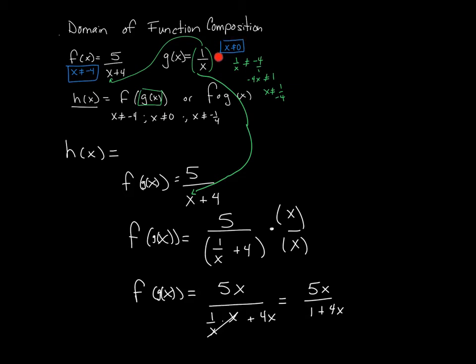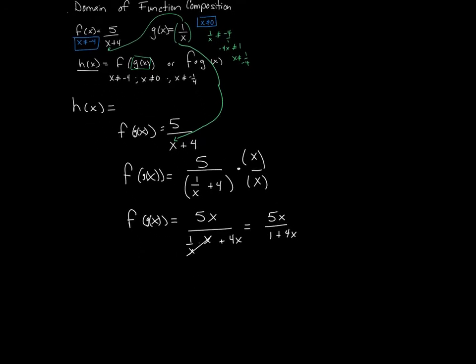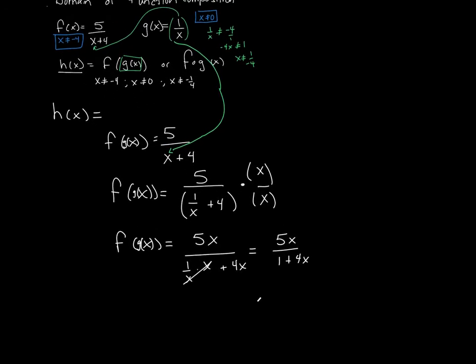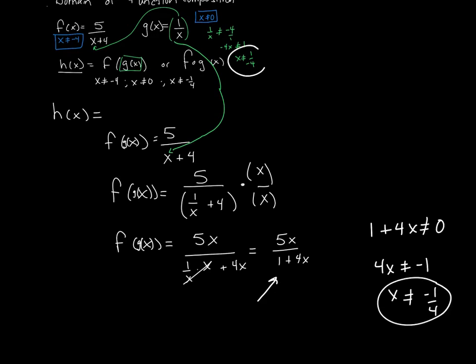The excluded values from g of x also must be excluded at the end, as well as looking at the final product, and you can see that 1 plus 4 over x cannot equal 0, which means 4x cannot equal negative 1, and x cannot equal negative 1/4. So that's where that negative 1/4 again comes from.